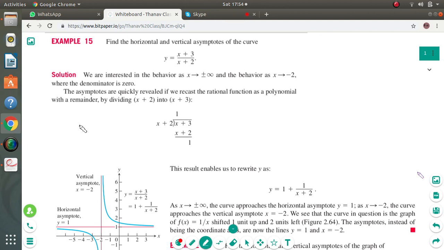You're interested in the behavior as x tends to infinity because that's where you get the horizontal asymptote, right? Why do you have to make the denominator 0? How does that help you?